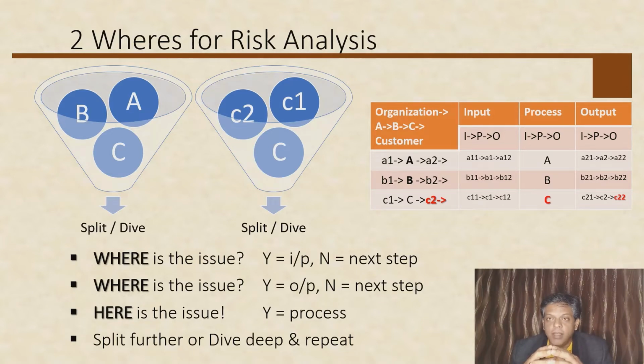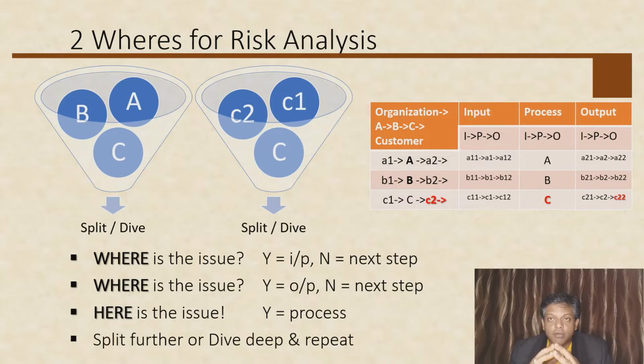Now when you have this kind of setup in your organization, in order to identify where the high risk is hiding in any of these processes, you need to first ask the first where is the issue. And if the answer is yes, you have to look at the input of the process.